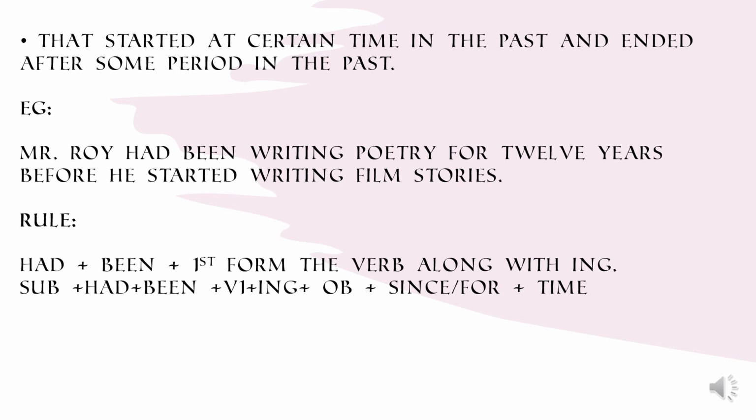Okay, rules: had plus been plus first form of the verb along with ing. The easy way: subject plus had plus been plus first form of the verb plus ing plus object plus since or for plus time. Got it?